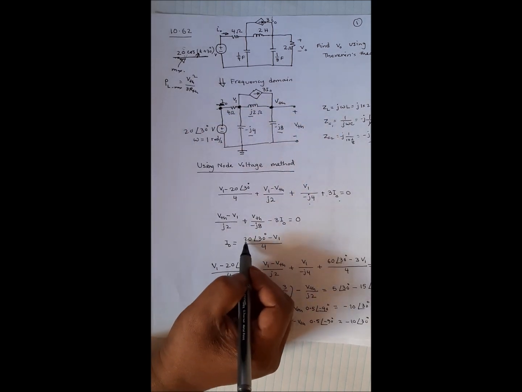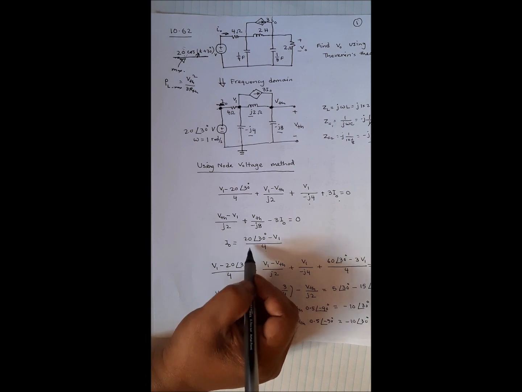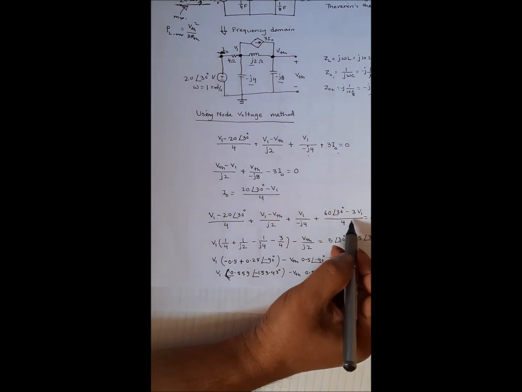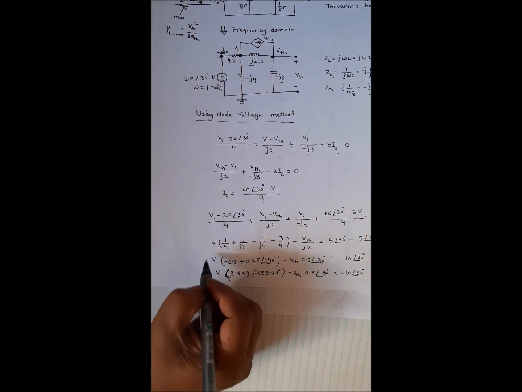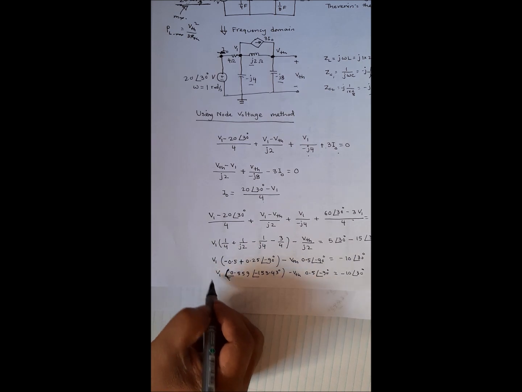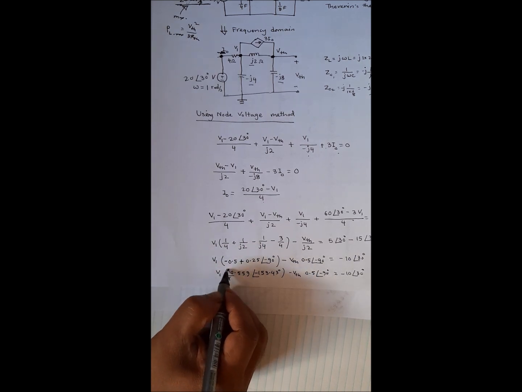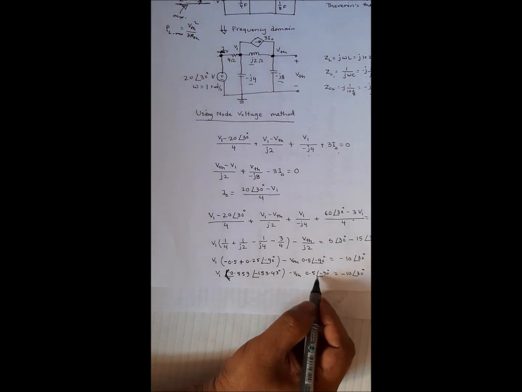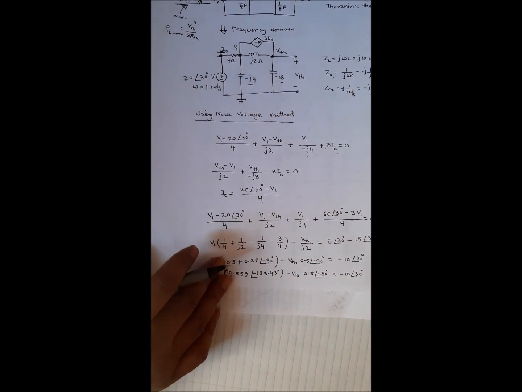So you say like 20 angle 30 minus V1 over 4, so that's IO. Now I replace this IO here and find the voltage equation, simplify this voltage equation here, and I got the expression, right? V1 equal to this in polar form, the B Thevenin is this equal to 0.